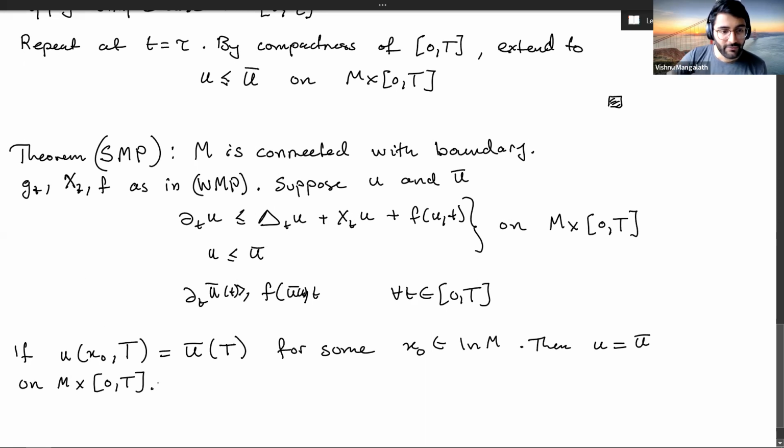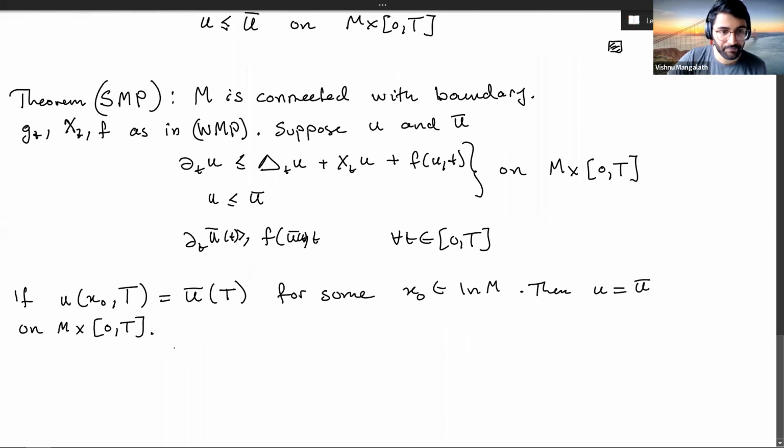So another way of phrasing this last sentence is that unless u is identically equal to u bar, you can only be equal to u bar on the boundary of M. That's why you have the interior of M. Okay. So either you have a strict inequality in the weak maximum principle, or you have a full equality.